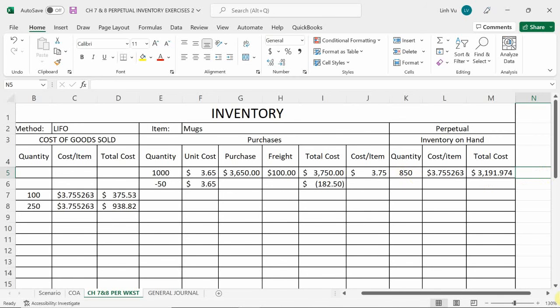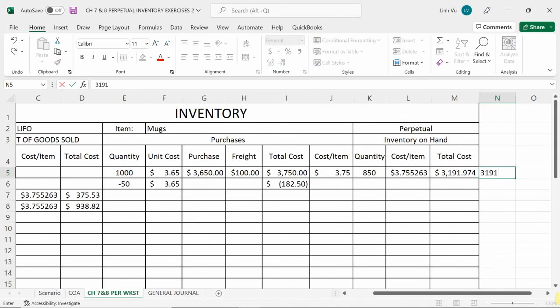You would have had $3,191.97, right? And if you take that 319197 and you subtract out the cost of goods sold of 938.82, you should have that 15 cents. Okay? So in this case, right, you could just go ahead and just have it on the side to make sure that you know it is that 5 cents.